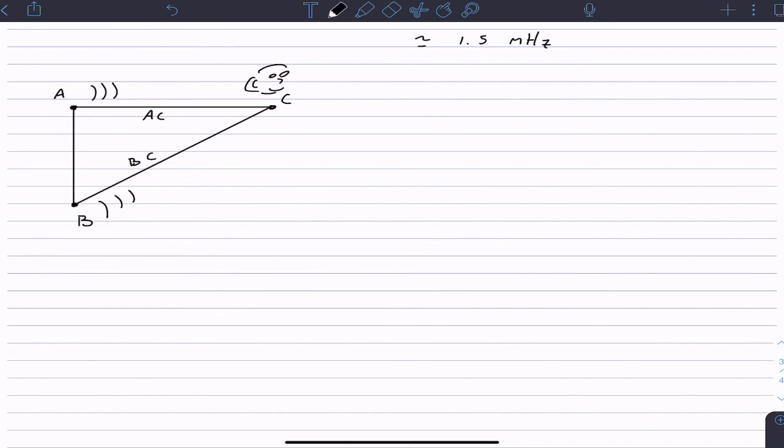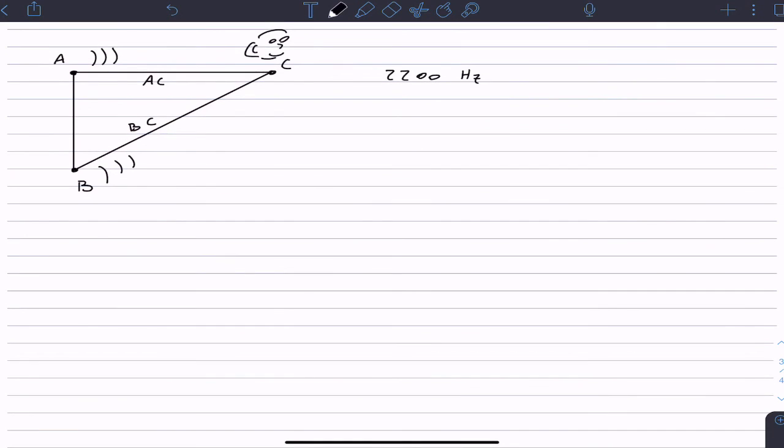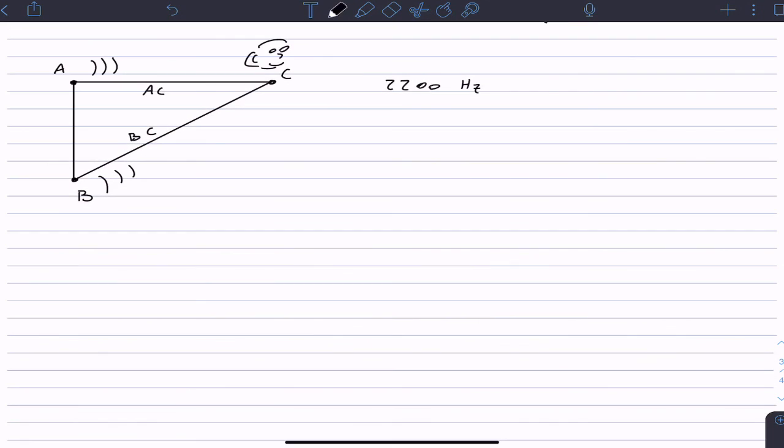Okay. Anyway, the frequency of the sound waves is 2200 hertz. So the frequency is 2200 hertz from both sources. They have the same amplitude, right? The speed of sound in air has changed. It's 330 meters per second.